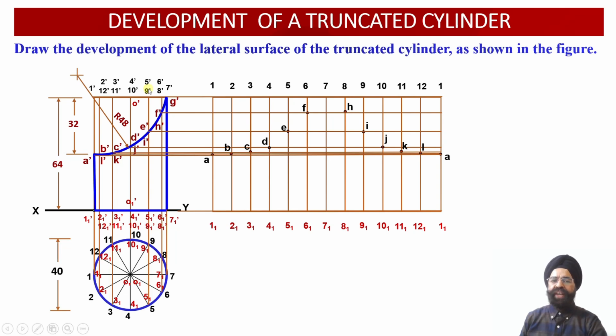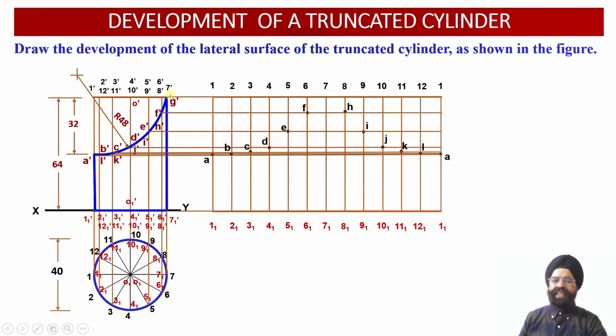And finally, the last point of intersection of this cutting plane lies on the top surface of the cylinder over here. That is, point 7 dash and G dash have coincided with each other. So G dash is the point of intersection of the circular cutting plane with the top face of this truncated cylinder.